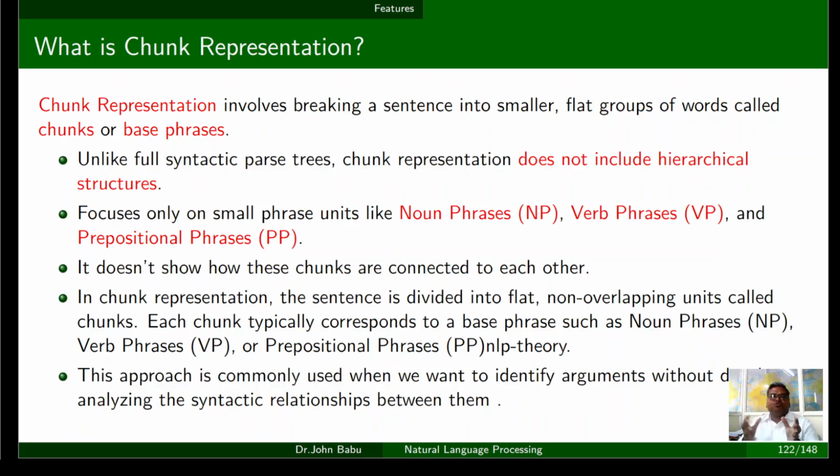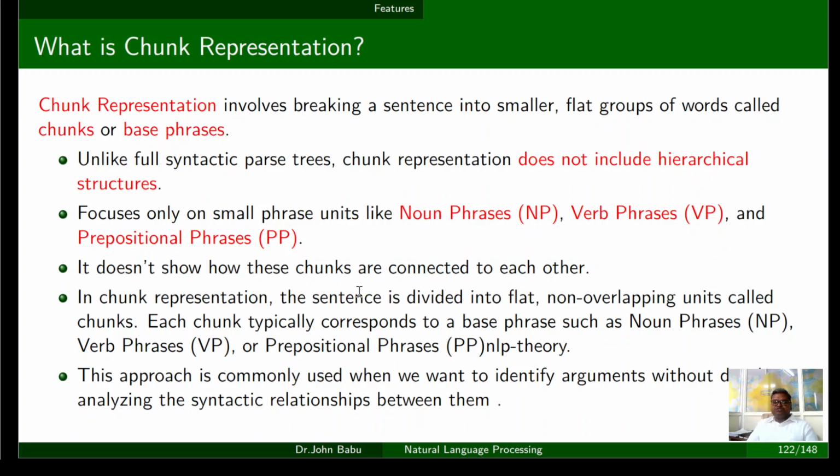It is only about the parts. It focuses only on small phrase units like noun phrase, verb phrase, prepositional phrase, and so on. So the chunk parser is not bothered about how these chunks are connected to each other, but only about the chunks.